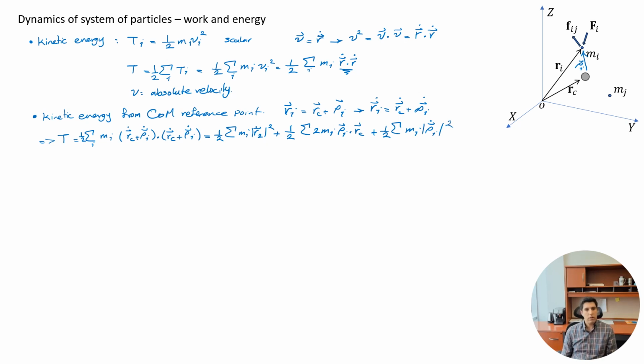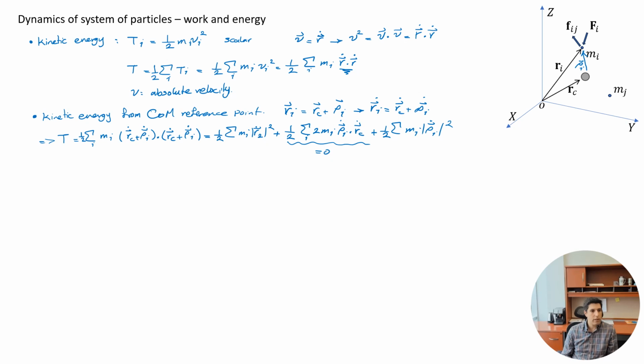So in the middle, this one is going to be 0 because this is summation over i, I can take the R dot c out of this, and the rest is going to be the velocity of center of mass as measured by center of mass, which is 0.